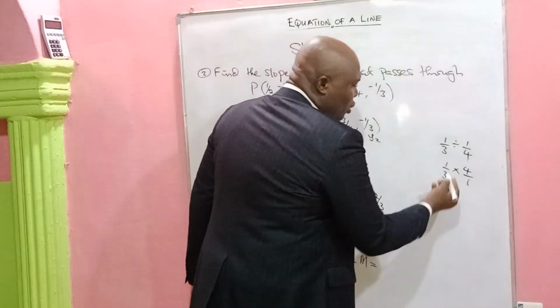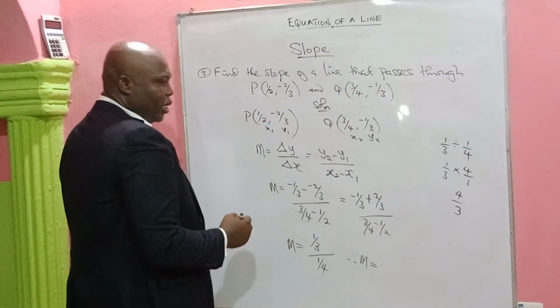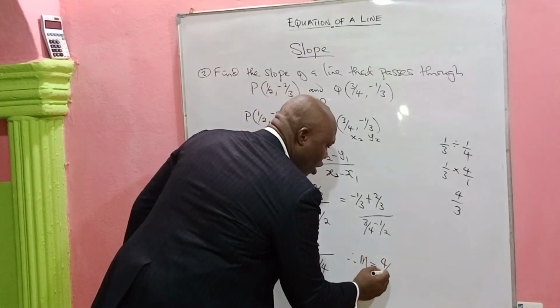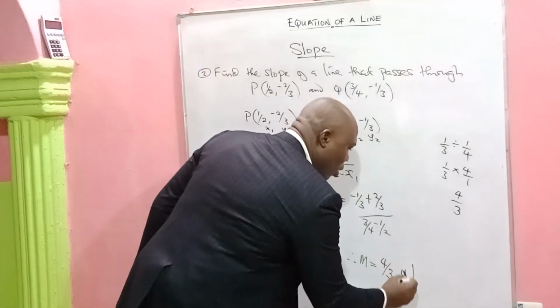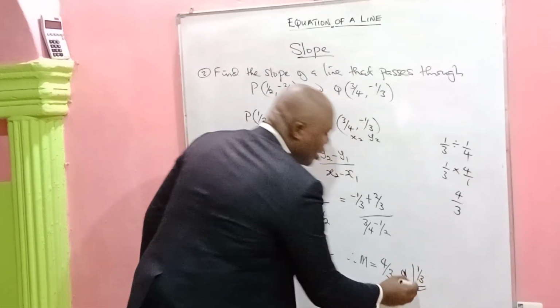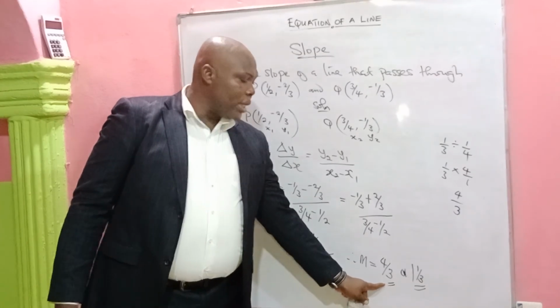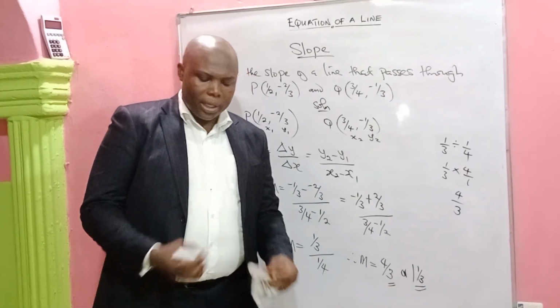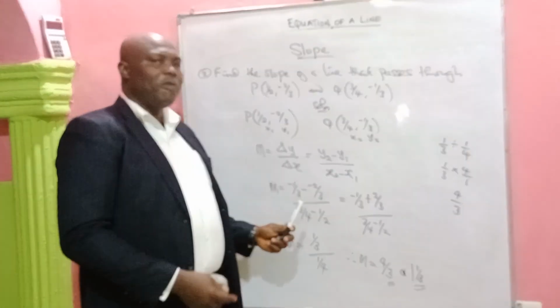So we are going to have 1 times 4 is 4, all over 3 times 1 is 3. Therefore, the slope is 4 all over 3. So you can record it as 4 all over 3 or one whole number 1 all over 3, which is the same thing as 4 all over 3. So by simply recording it as 4 over 3, you are correct. So we've been able to find the slope.